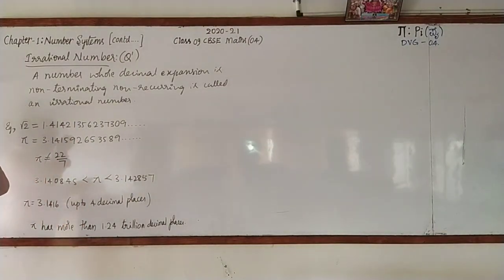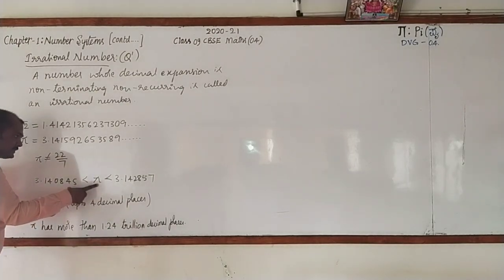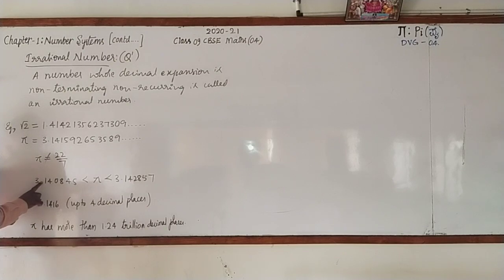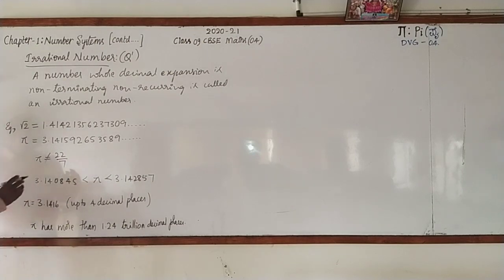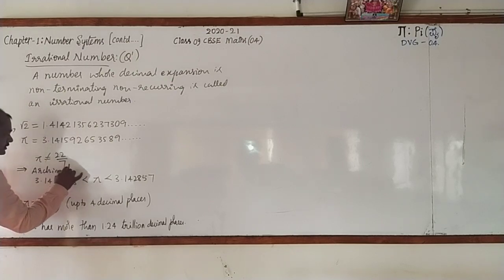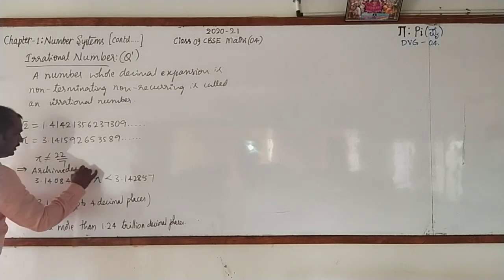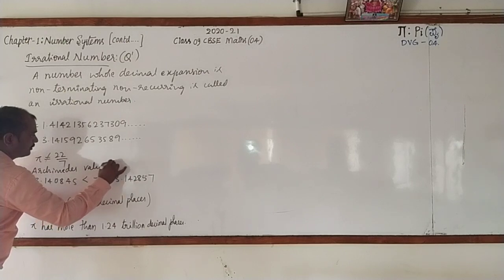Yes, he is Archimedes, and he gave the information that the value of pi lies between 3.140845 and 3.142857. This information was given by Archimedes. Archimedes' value for pi.